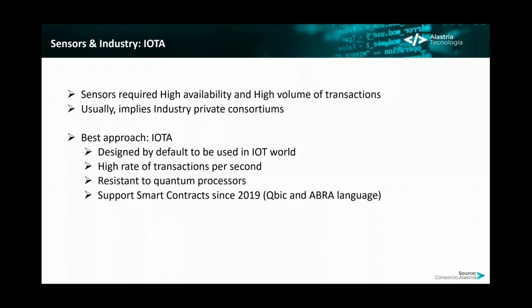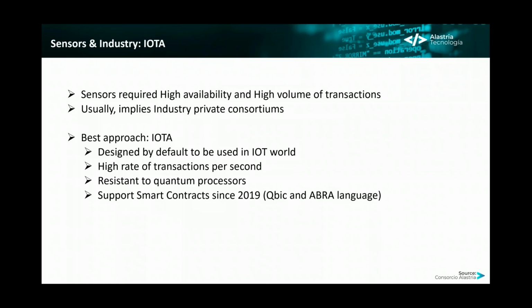If you want to use IoT, you need to use IOTA at this moment, or go to new platforms like I mentioned, Holochain or Hashgraph, not in the blockchain world, because you need a very high rate of transactions per second. You also need very high availability, and this is provided by the IOTA system.